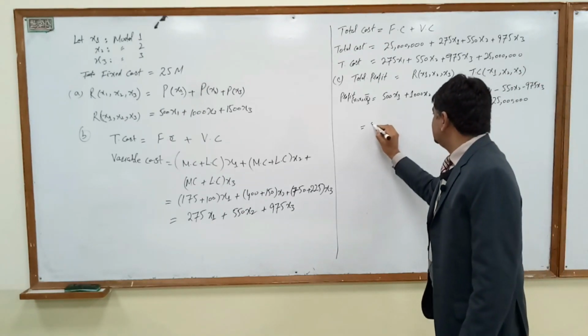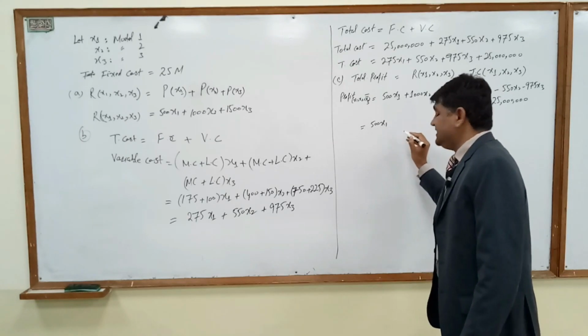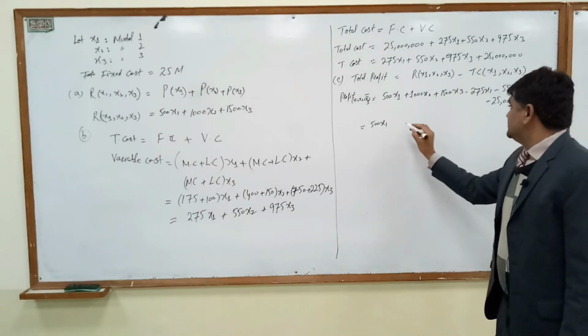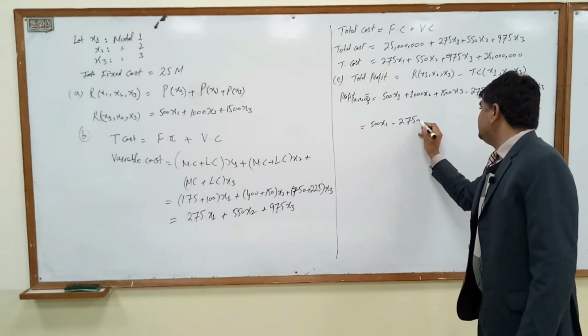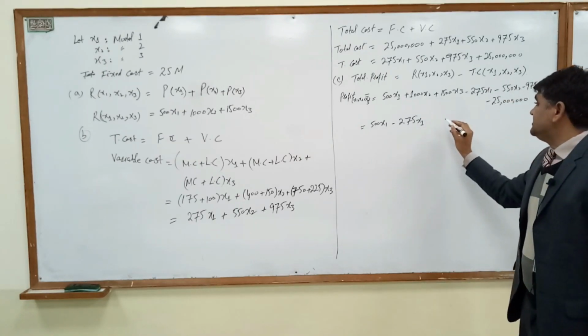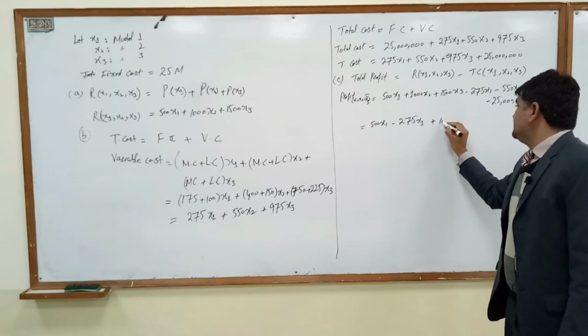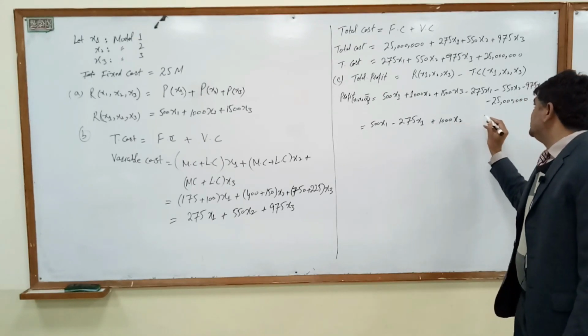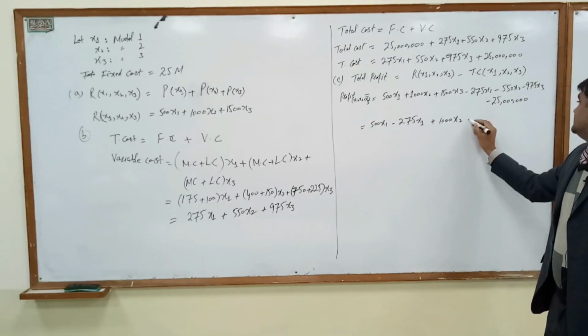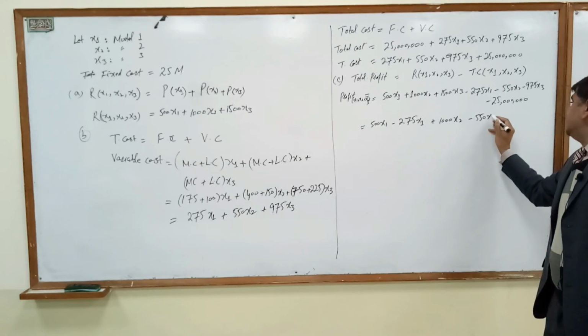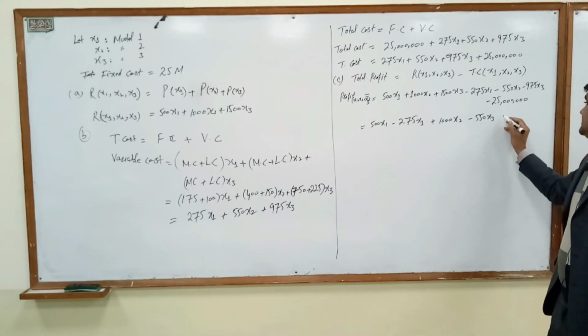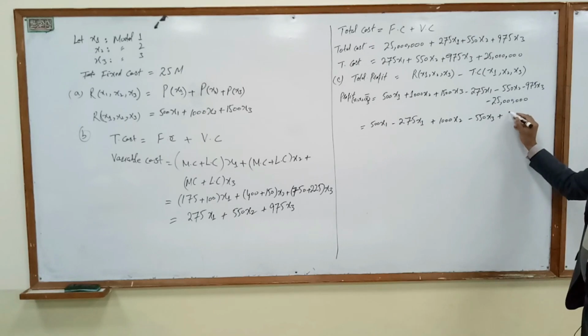So 500 X1 minus 275 X1. Then we can place X2 coefficients: 1000 X2 minus 550 X2. Then we can place X3.